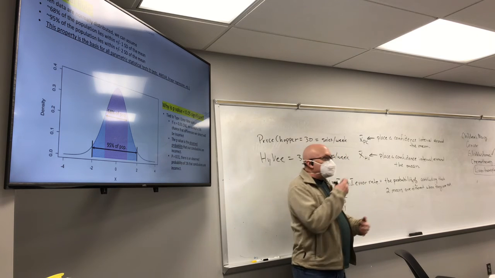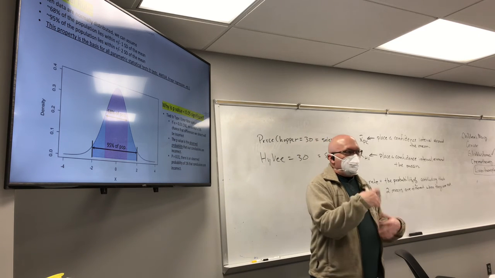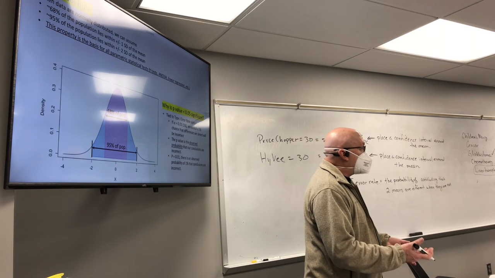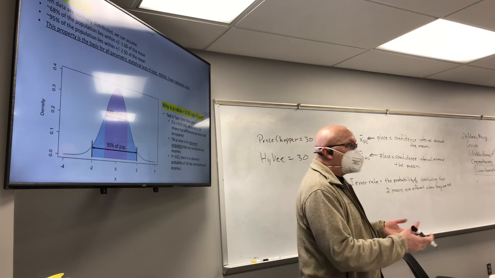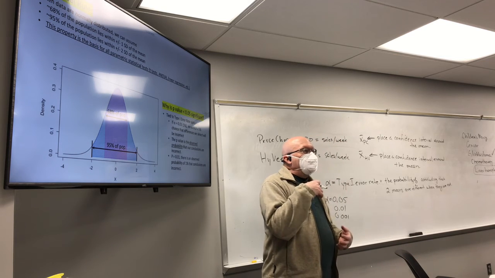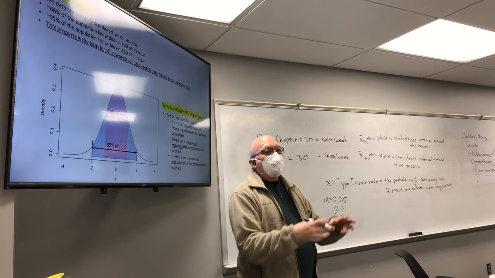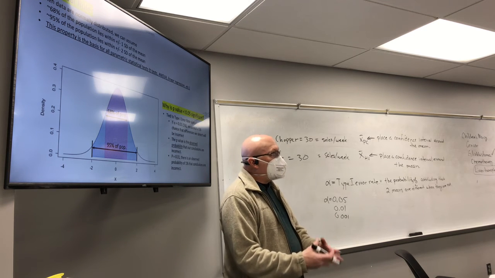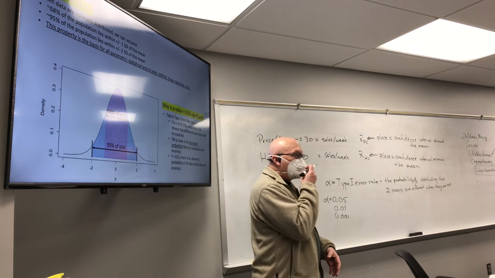And if you read the literature, you will see some studies where alpha level is 0.05. In other places, you'll see it where it's 0.1, where they'll accept a type 1 error 10% of the time. That's less common than making the type 1 error rate more stringent, going down to 0.01 or 0.001.